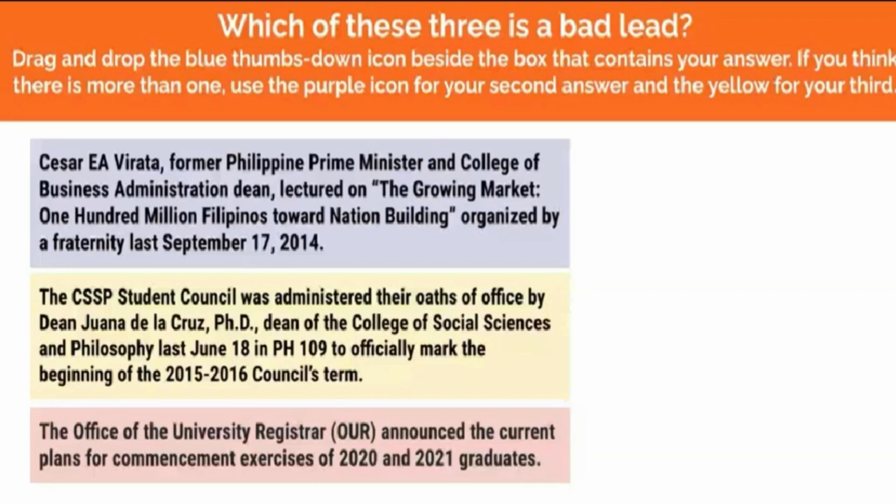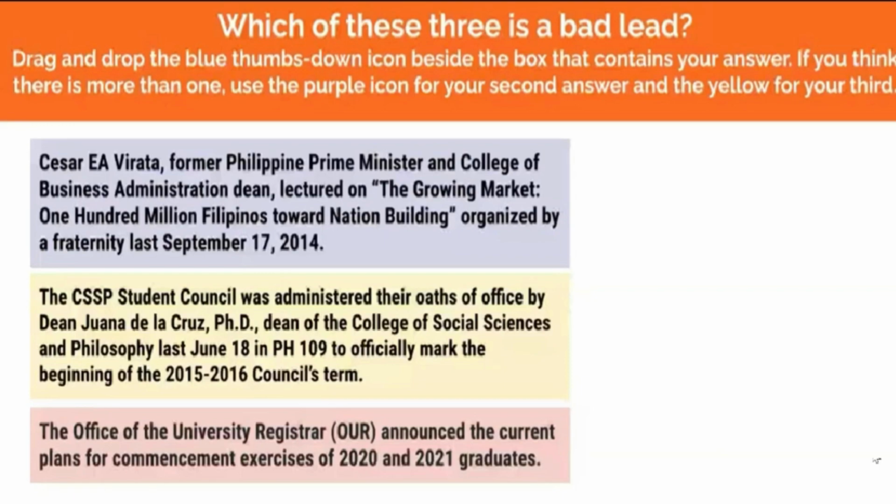And then yung paragraph 3, lalong wala siyang news point, wala siyang news value. It does not specify the plans for the commencement exercises. It just tells you na the university registrar announced the current plans for commencement exercises for 2020 to 2021 graduates.